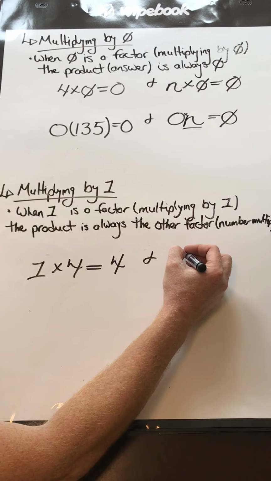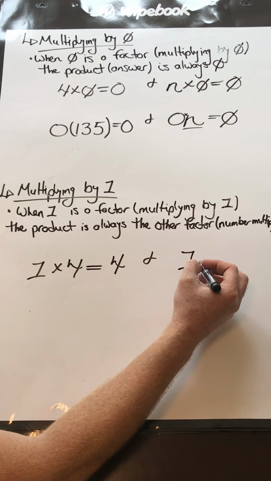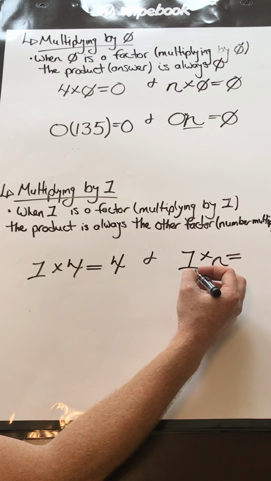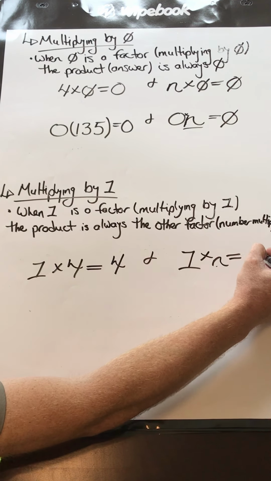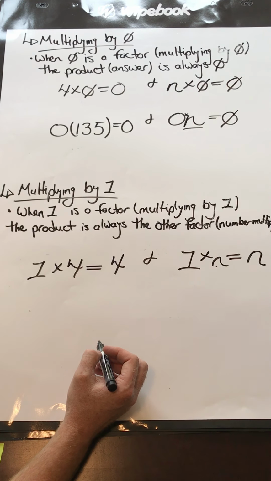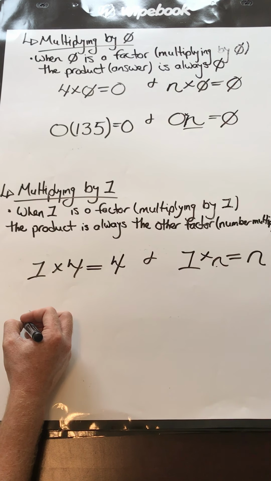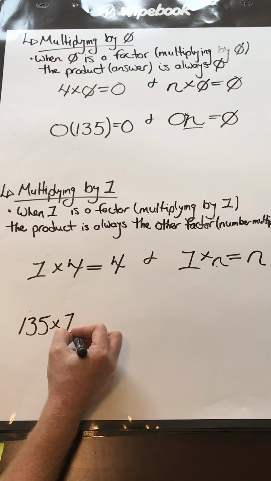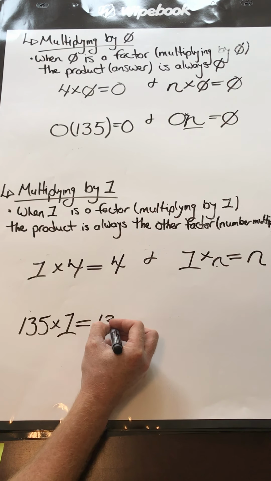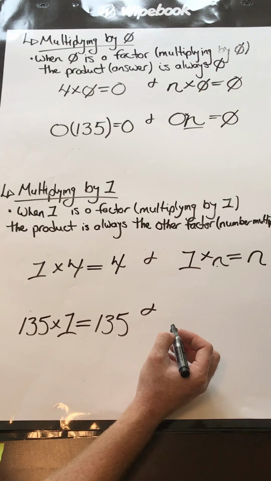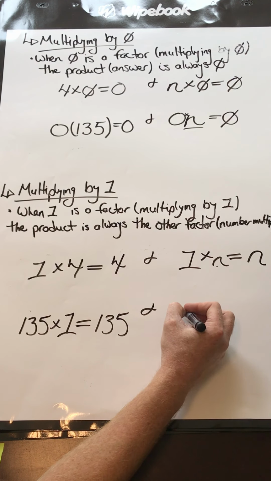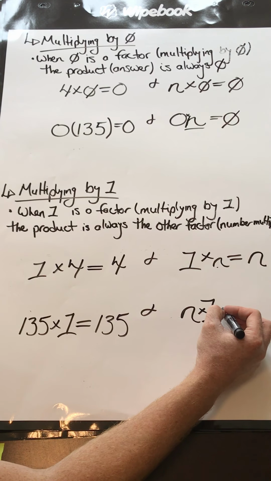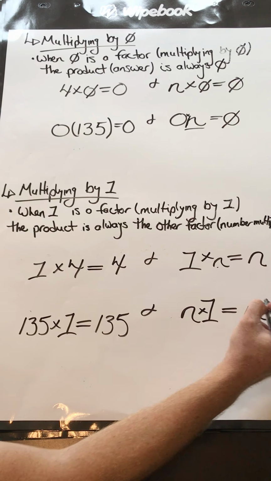And therefore, if we had 1 times N, that is going to equal the variable. If we had 135 times 1, that is going to equal 135. And if we had N times 1, that is also going to equal N.